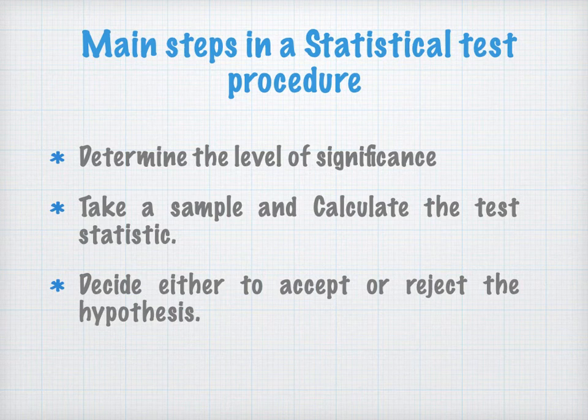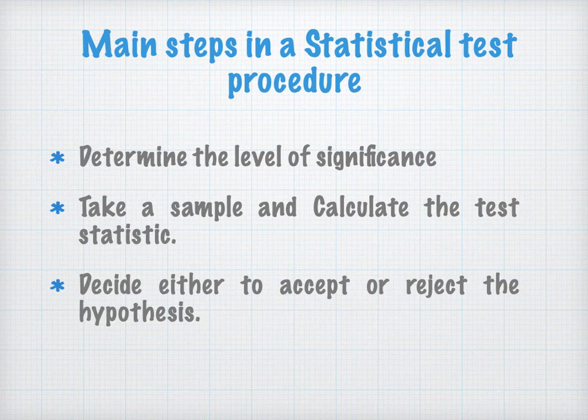So what we shall do is fix alpha, that is the level of significance or size of the test, and try to maximize the power. When we maximize the power, it is like minimizing the type 2 error. So we shall determine the level of significance, that means we shall fix alpha.